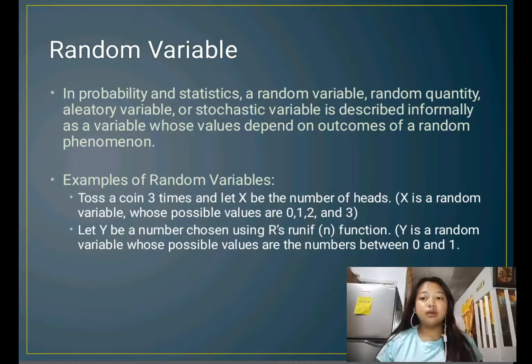So moving forward to my next discussion, which is the random variable. In probability and statistics, a random variable is described informally as a variable whose values depend on outcomes of a random phenomenon.